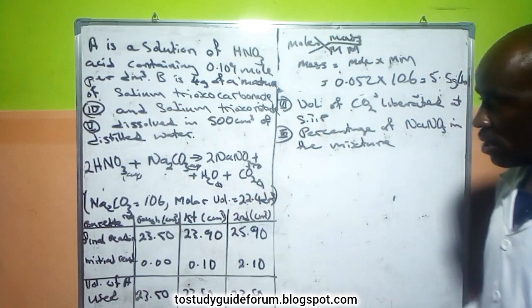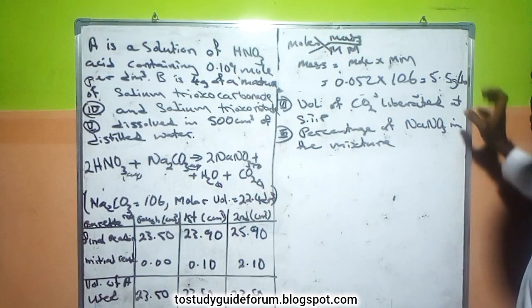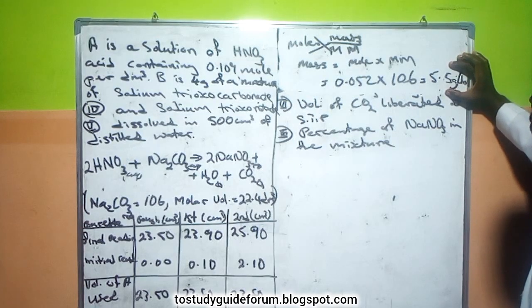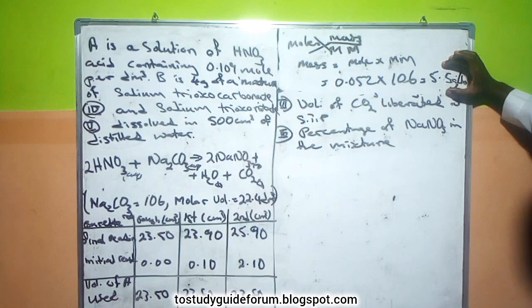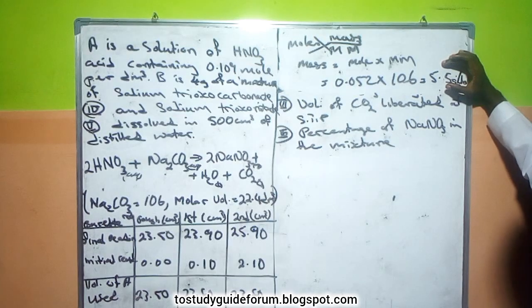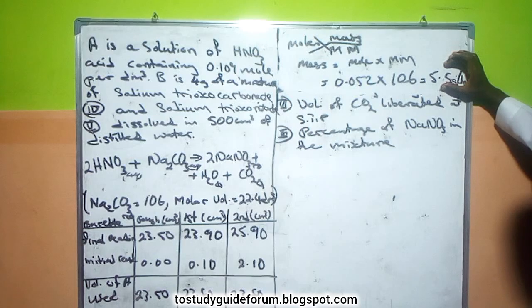Now, if we want to work it from grams, because the mass present is what will determine what we are going to produce, note that since we have 5.5 grams, that will determine the volume of carbon IV oxide that will be liberated at STP.